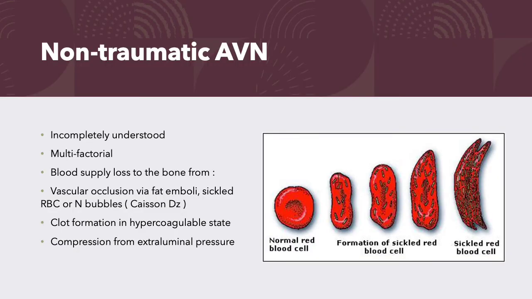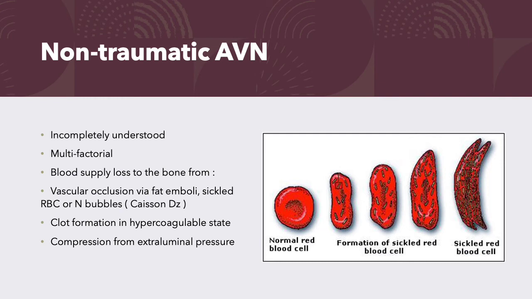In some cases of avascular necrosis of the talus, there is no traumatic history, and more often than not, these cases are caused by a variety of medications, alcohol use, or systemic illnesses, which are known risk factors for the development of avascular necrosis. The femoral head is the most commonly affected bone in non-traumatic AVN, and much of our understanding of AVN is based on study of this region.